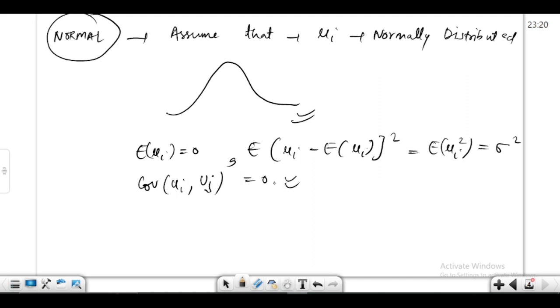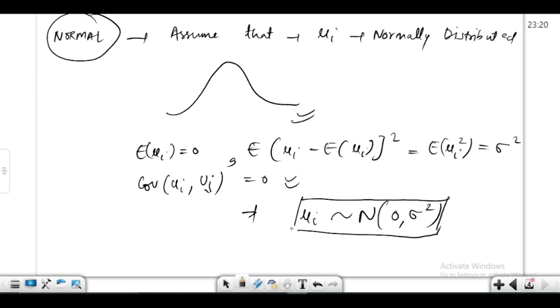So this implies that my ui variable follows a normal distribution with mean 0 and variance sigma square. This is the way we write a normal distribution: ui follows N with mean 0 and variance sigma square. So this is the assumption about the ui variable in your classical normal linear regression model.